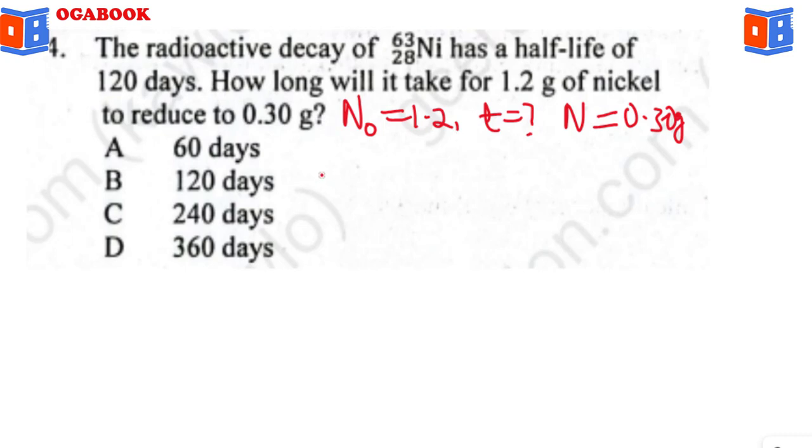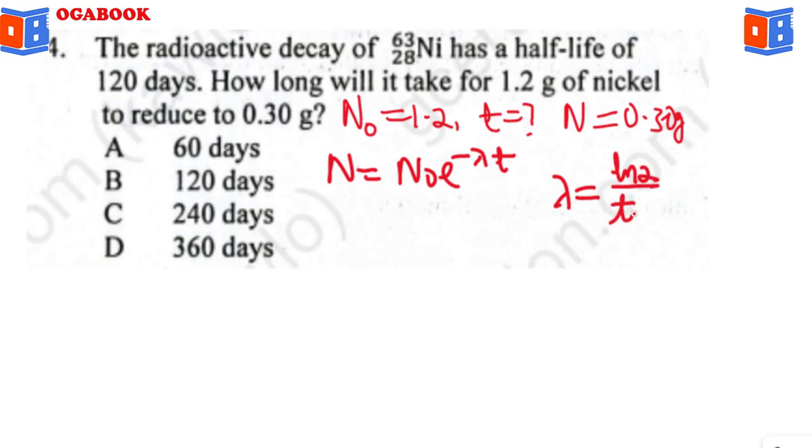So using the decay equation, N equals N0 e to the minus lambda t, where lambda is equal to ln 2 divided by the half-life. So we know N, we know N0. What we do not know is T. So we're going to make T the subject of the formula.